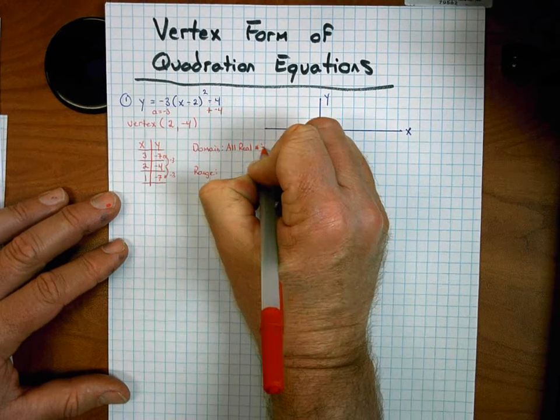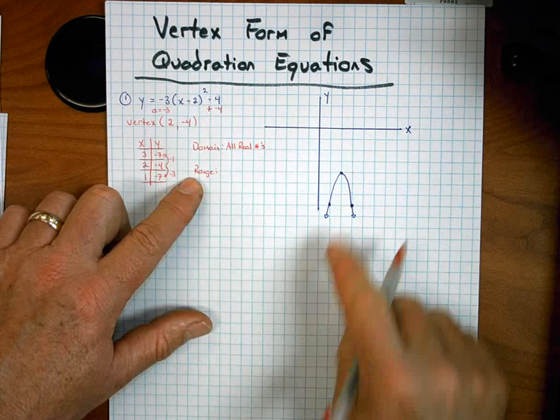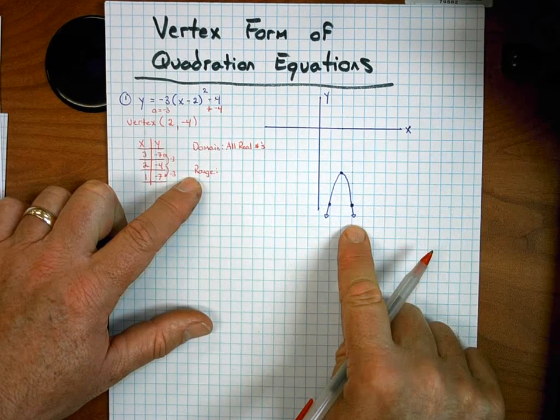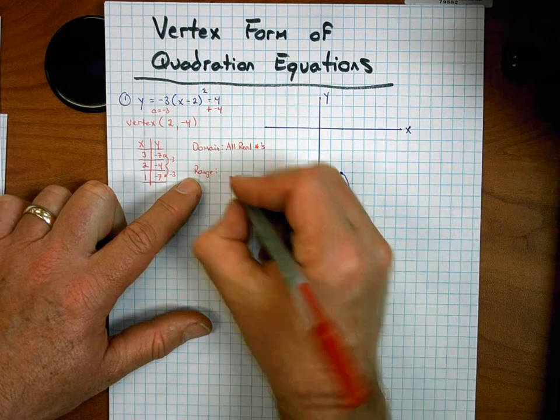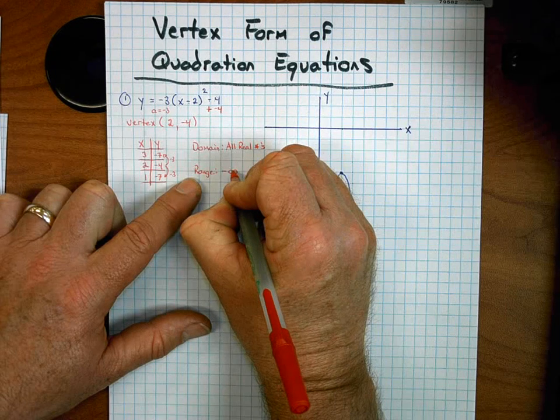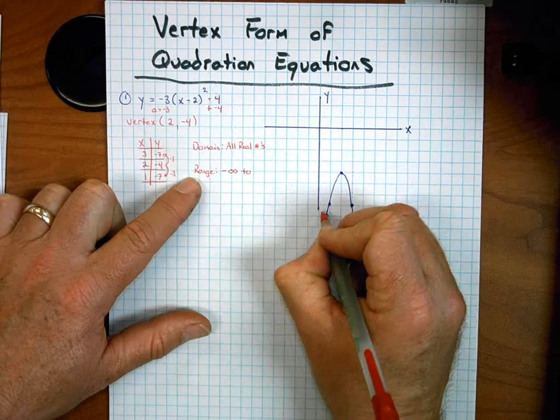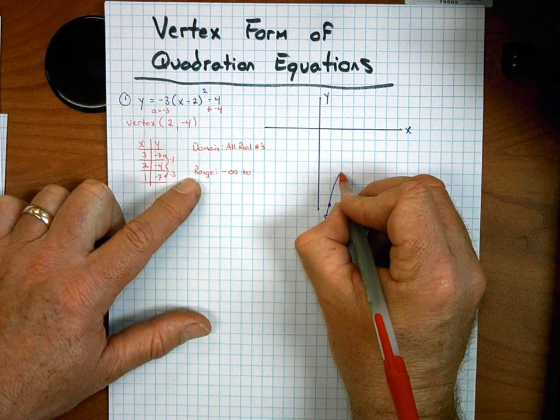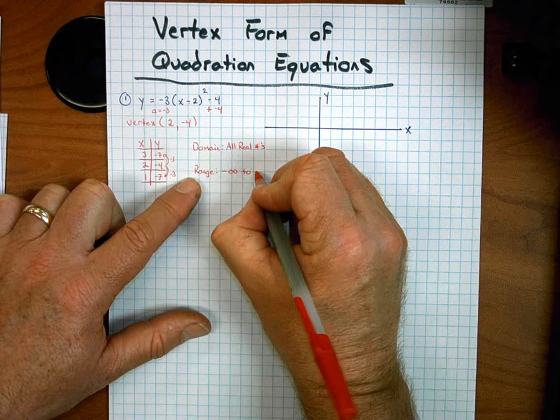Okay, and then the range is how far the graph goes down, and since this graph goes down continuously, that would be -infinity to how high the graph goes up. Well, the graph stops going up right here, which is at -4.